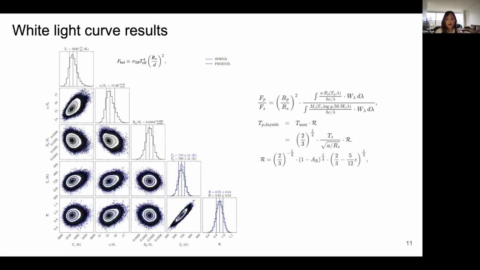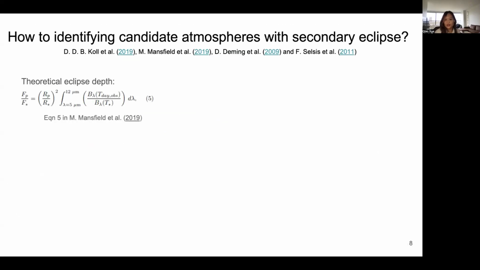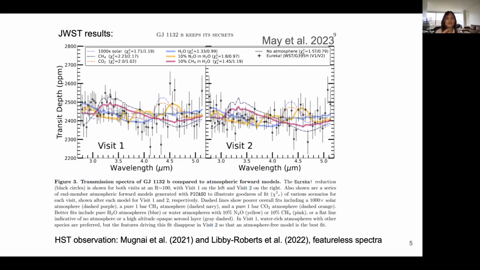But in May et al. 2023, because they're probing with transmission spectroscopy, they did a range of different stellar contamination models, like unocculted spots, occulted spots, water contamination, and they found that the first visit can also be explained by a stellar contamination model, while the second visit cannot be.